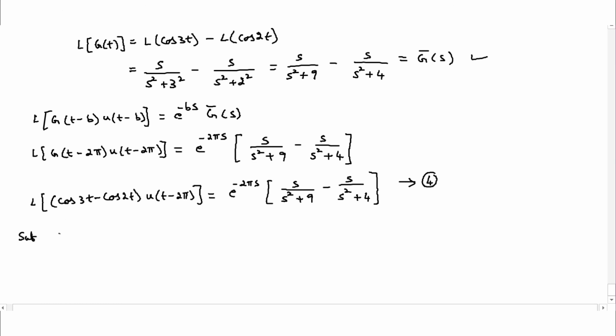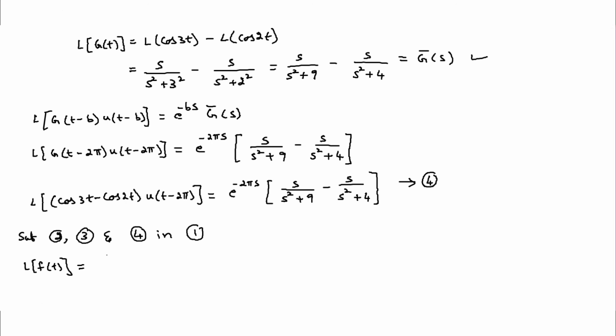Now we need to substitute equation 2, 3 and equation number 4 back in equation number 1. Check out all these equations. So your equation number 1 implies Laplace transform of f of t is equal to, the first term will be your equation number 2.